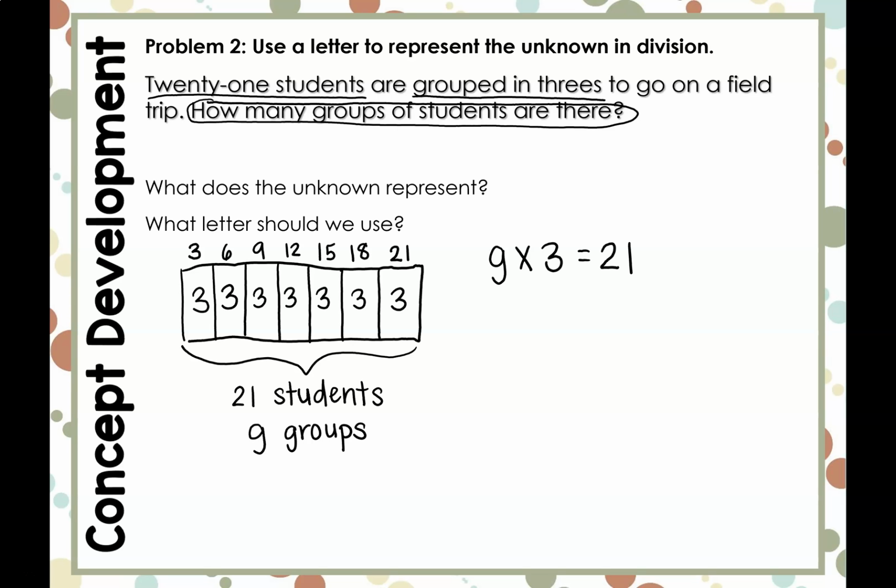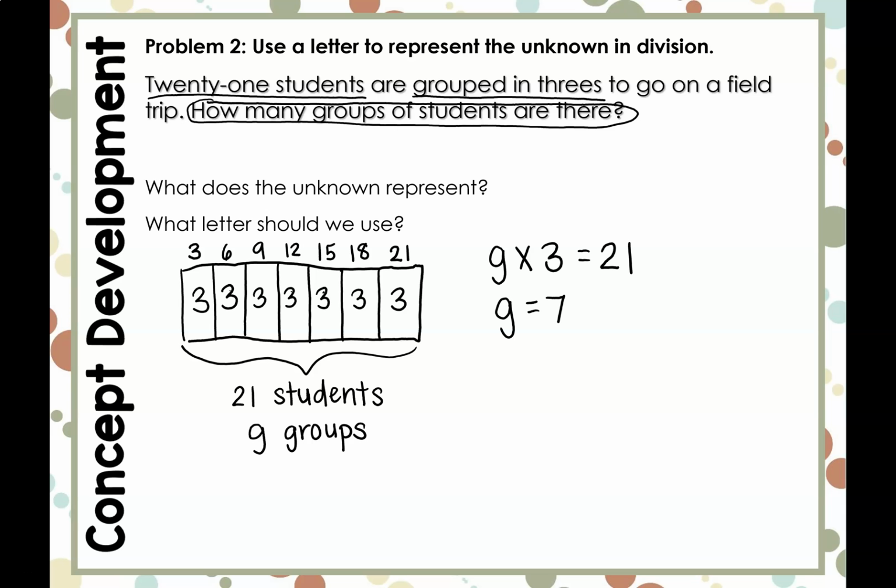Okay, but if we count in our tape diagram, I see that there's 1, 2, 3, 4, 5, 6, 7 groups of 3. Okay, so that would mean G equals 7. G equals 7. We would just replace the G with the number 7 in the problem.